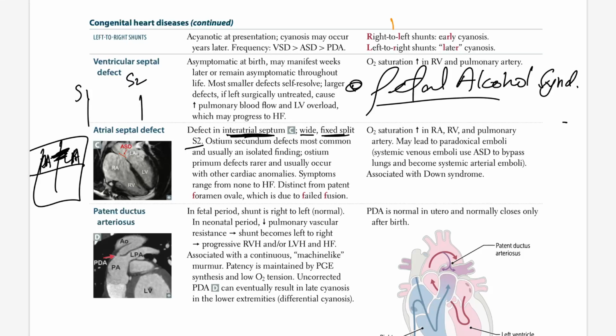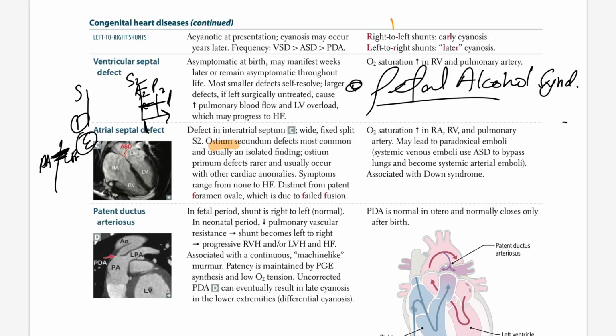And we had S2 divided into A2 and P2. So here you have a wide split, let's say in inspiration, what's going to happen is this thing is going to be wide, so P2 will close later. And fixed, meaning either you would have wide, which is most prominent, or you would have fixed, meaning with inspiration and with expiration, you would have just a widened split. And that is again in physiology, and you can take a look at that. We did that already.